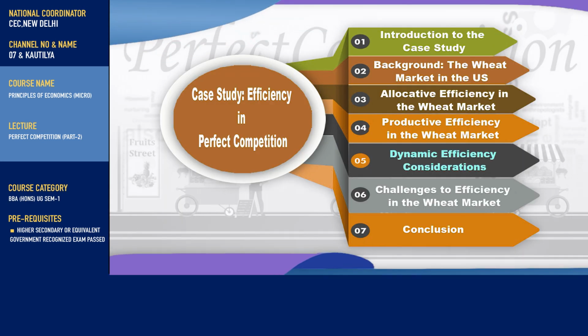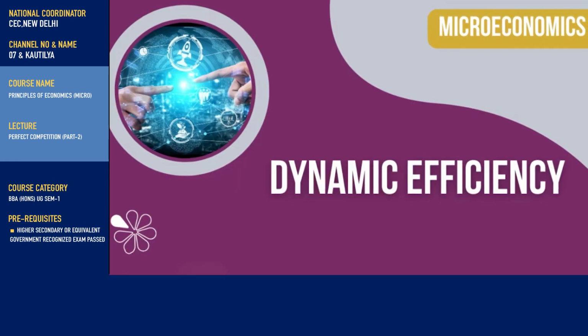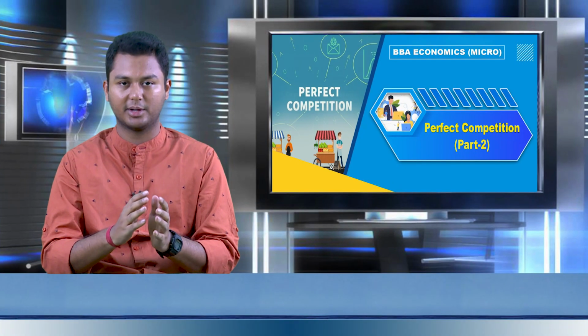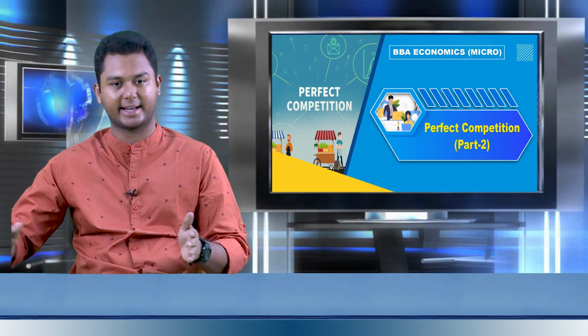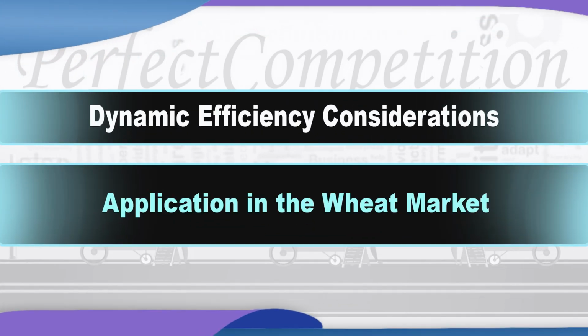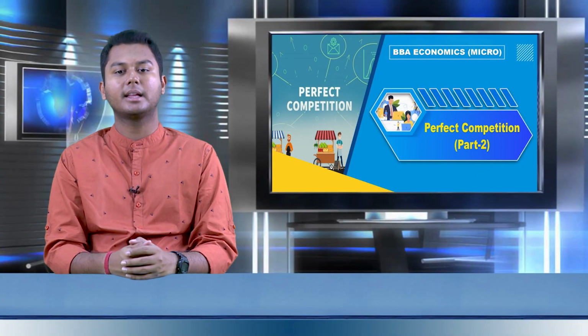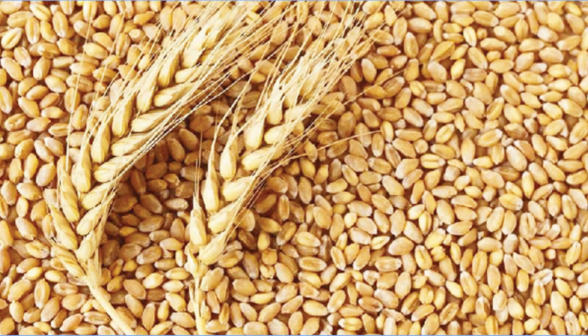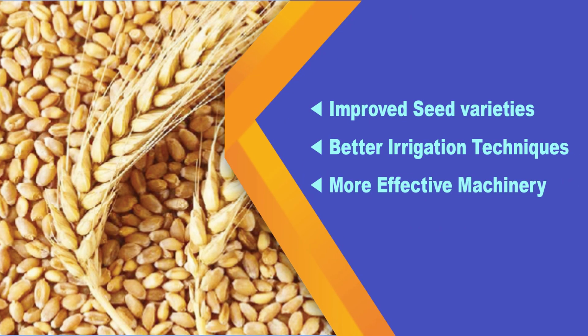Now, if we move to the dynamic efficiency point, dynamic efficiency refers to the ability of an industry or a firm to innovate or improve over time. If we apply this to the wheat market, then the wheat market has seen significant technological advancements such as improved seed varieties, better irrigation techniques and more effective machinery.